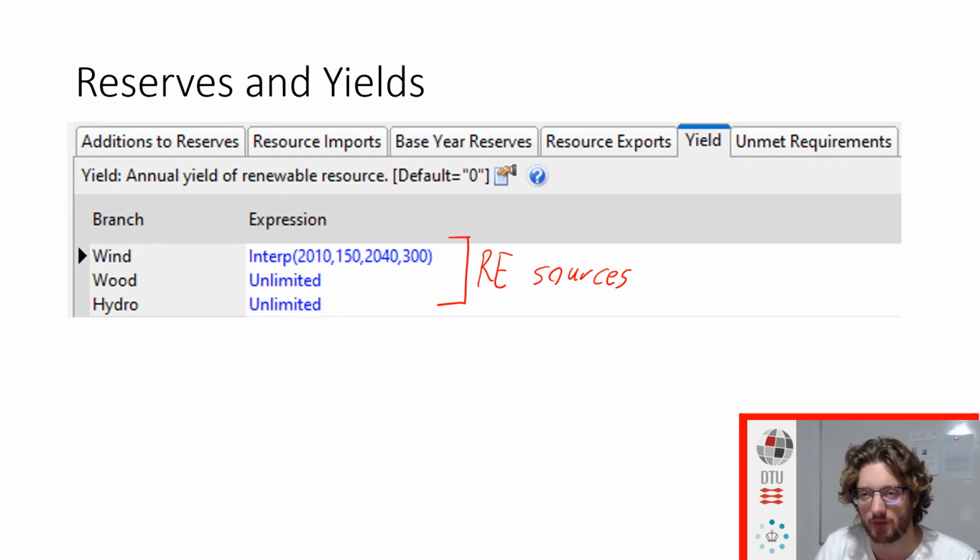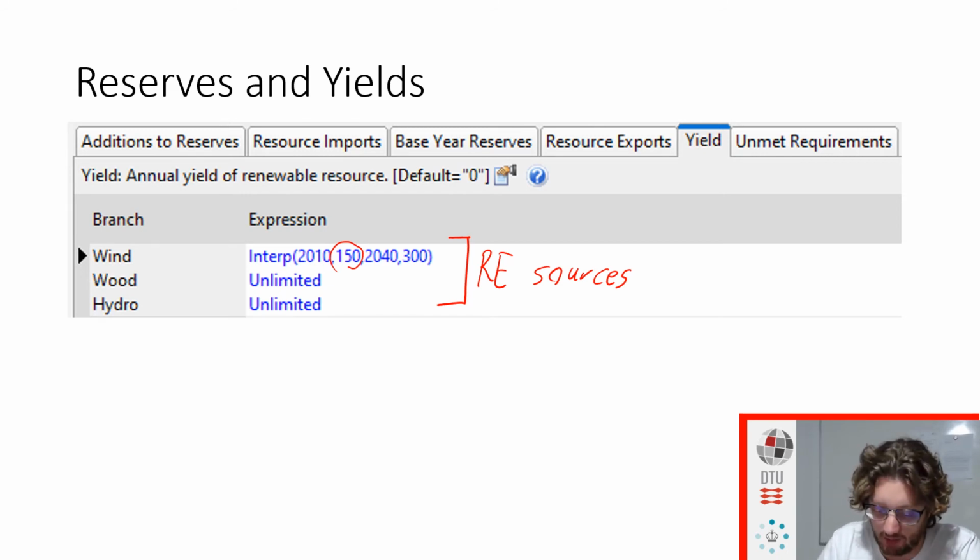So we could have, for instance, a wind resource of already 150 gigawatt hours per year, but not have any wind turbines to use that, and then that resource yield, potential yield, is wasted more or less, or is not used.